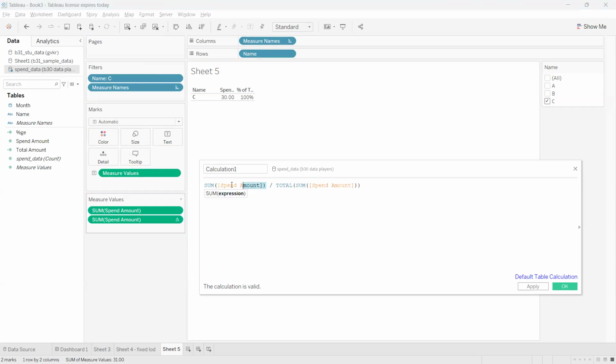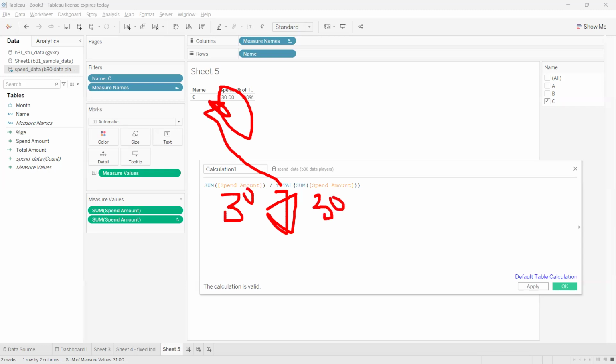In the numerator, it is taking the sum of spend amount only. But in the denominator, it is using one more function called the total function. Total means it will go to the sheet and do the summation of all the rows here. But in the sheet I have only one row, person C only. So the numerator becomes 30 only, and the denominator also 30 only here.